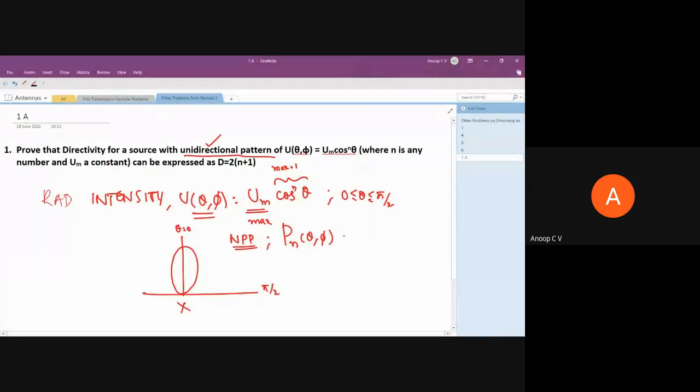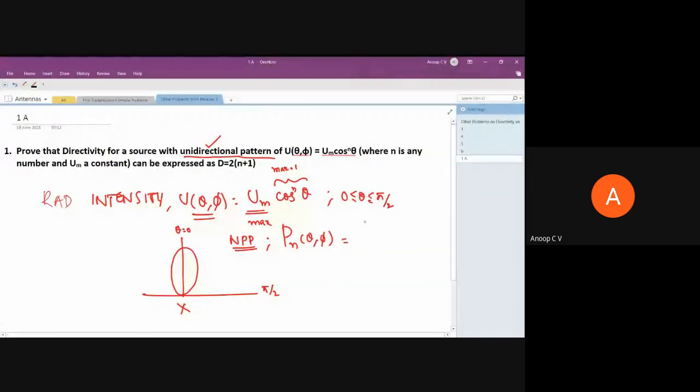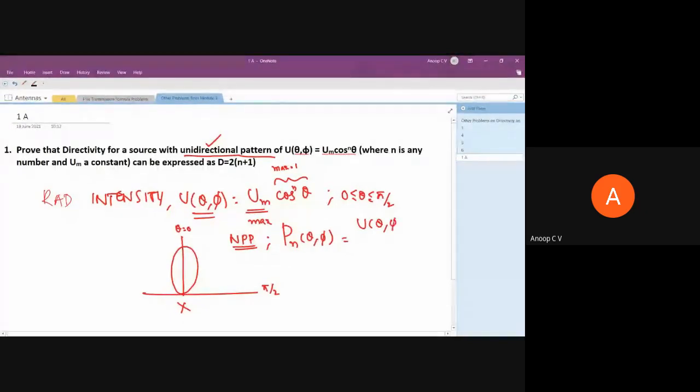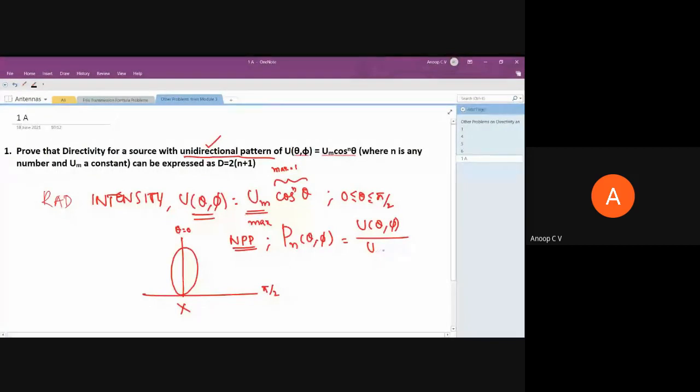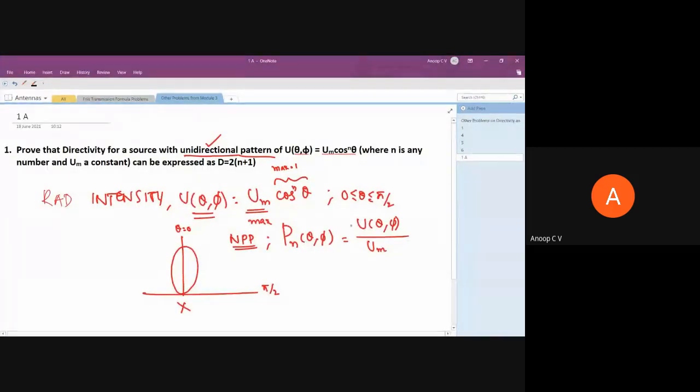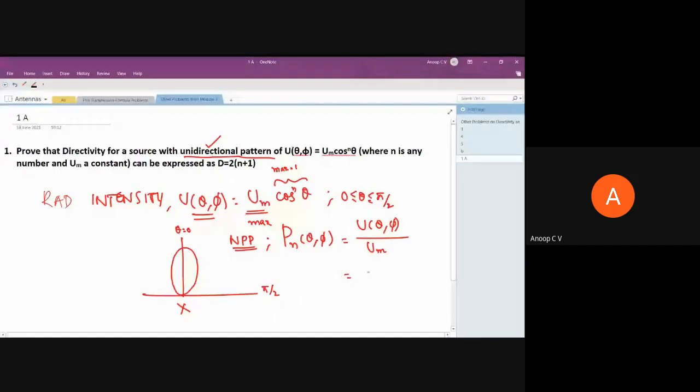The normalized power pattern Pn of theta comma phi is equal to U of theta comma phi divided by Um, where Um is the maximum value. So this will be equal to cos power n theta.